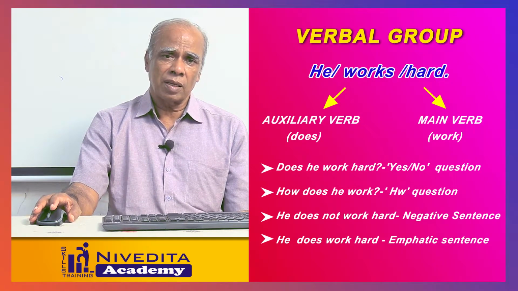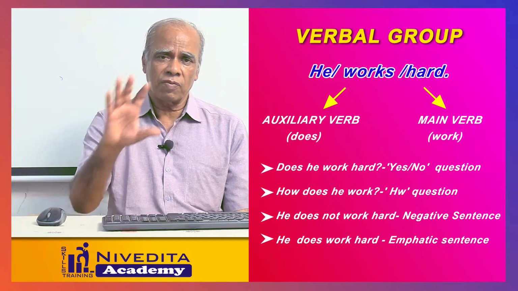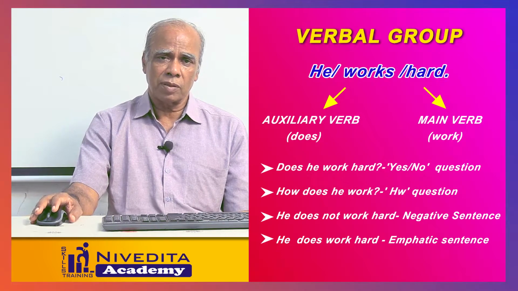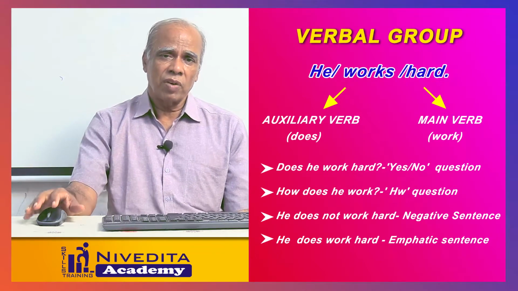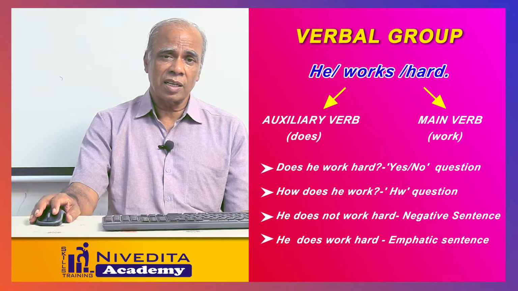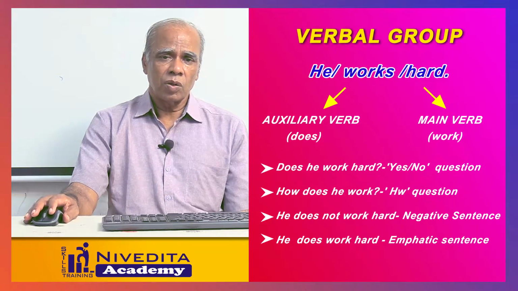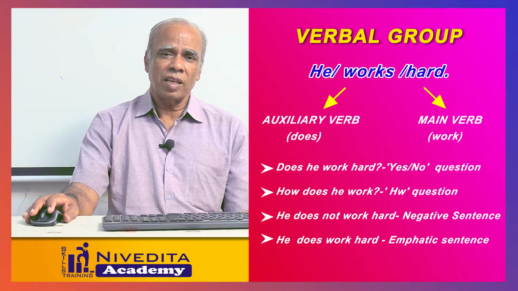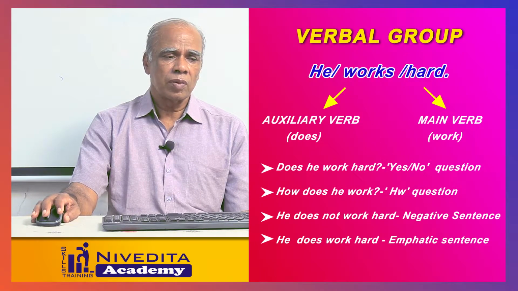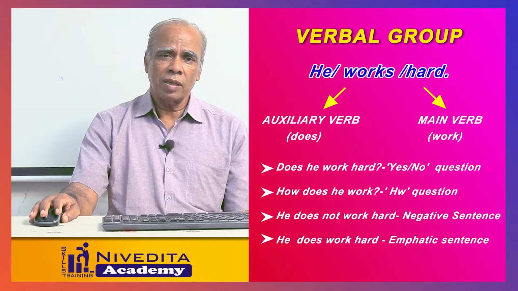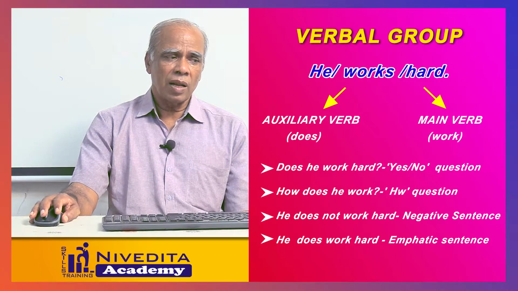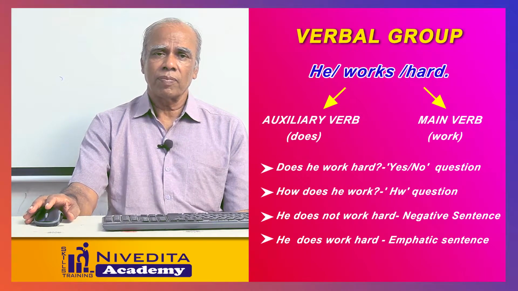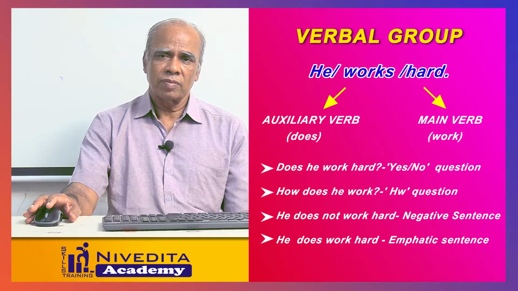In some other verbal groups, you cannot find the auxiliary verbs, but they are understood. You can understand easily. So that's why we say a verb is a verbal group, because every verb has a main verb and one or more auxiliary verbs. For example, he works hard.